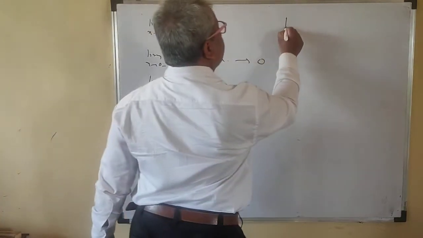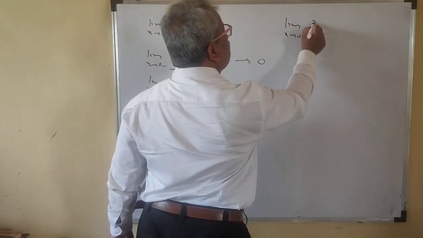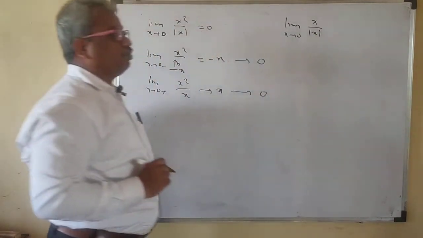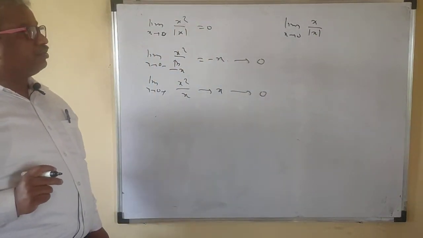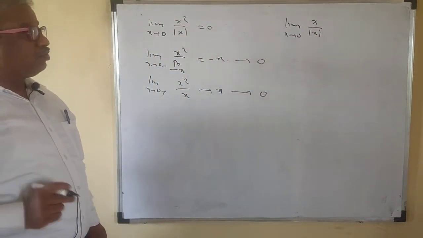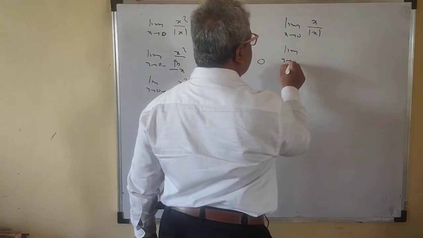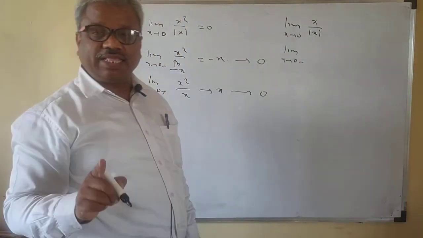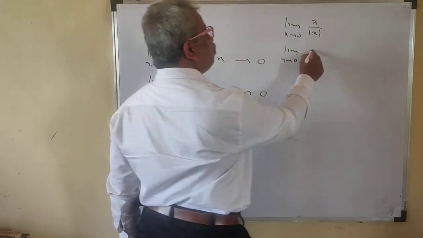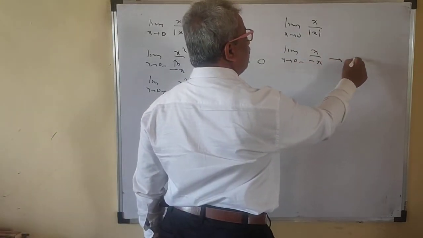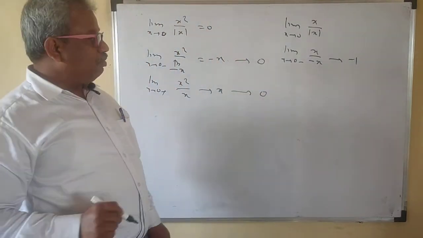But suppose the limit as x tends to 0 of x upon mod x. What happens here? If x is negative, that is, x tends to 0 minus, meaning x is less than 0, then mod x is minus x, so the value is minus 1.